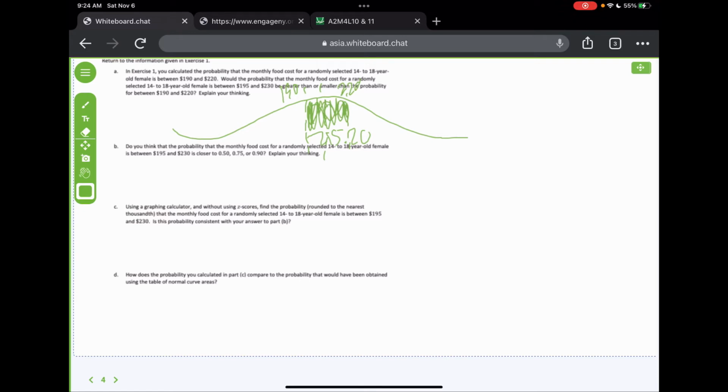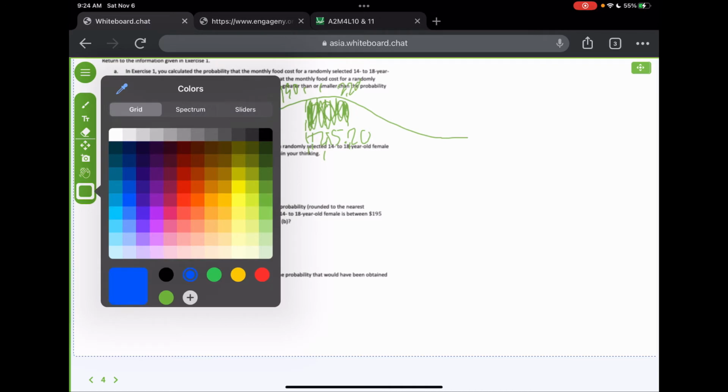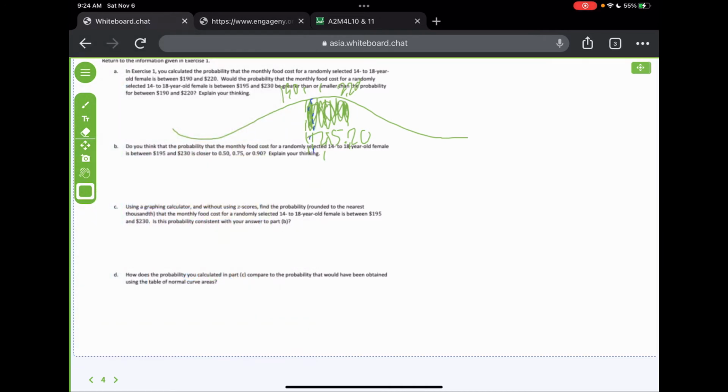Now, when you look at 195, let me try and do that in a different color. 195 to 230. That may be on over here, actually. You think that's going to be more or less than? Well, it's probably going to be greater, because your range here is $35. Your range here is only $30. Okay, so this is going to be greater.